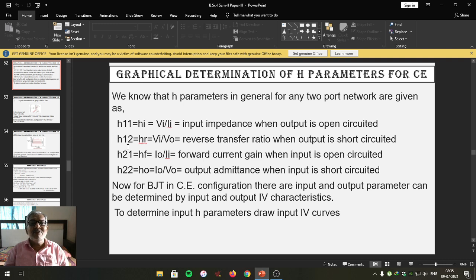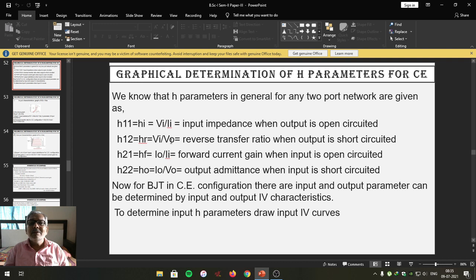Second parameter which you already studied is H12, equal to Hr. R for reverse transfer ratio, H for hybrid again. Reverse means opposite, converse. It is defined as the ratio of input voltage Vi to the output voltage Vo, O for output again.